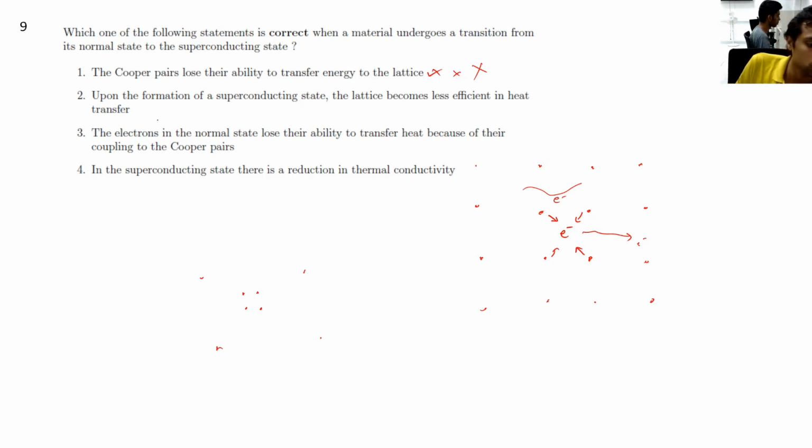The phonon dispersion relation remains intact. So the thermal conductivity will reduce, that is for sure. This is a true statement.